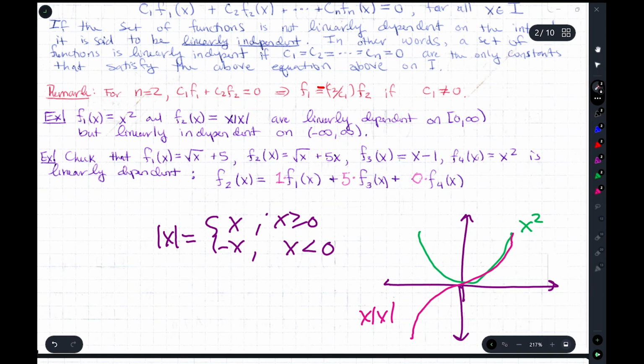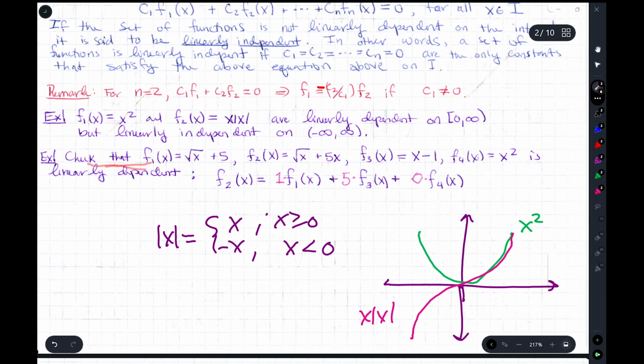So what is the key takeaway with that example? Linear dependence and independence depends on the interval you consider. That's important. You have to consider the interval.